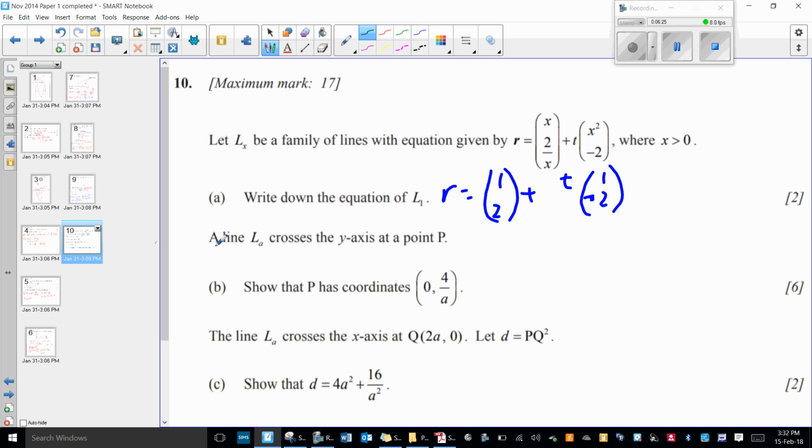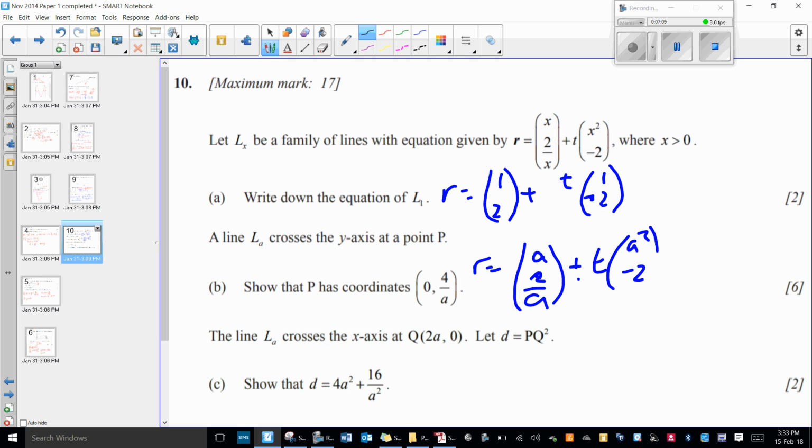A line L_a crosses the y-axis at point P, so that point P has coordinate (0, something). Our equation would be r equals (a, 2 over a) plus t(a squared, minus 2).